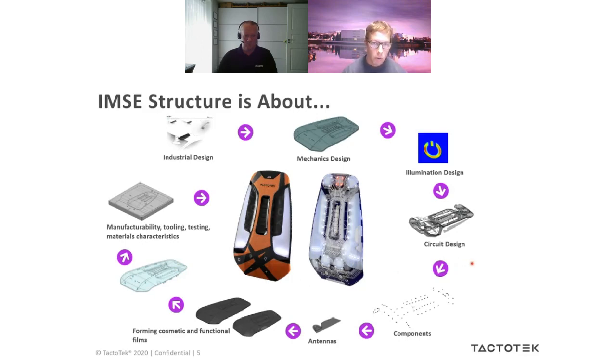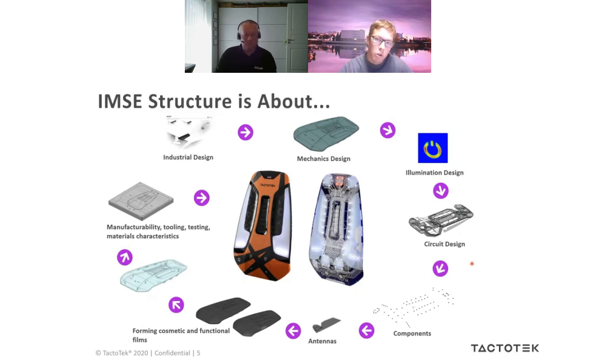So there are a lot of different parts and disciplines, but the key point is that we integrate all of those in one single unit. Basically, IMSE products require the same technology areas as any other products, but we integrate all of those in one single piece.